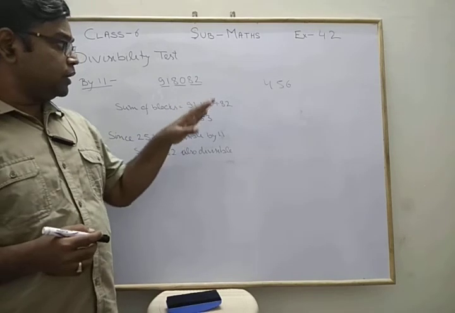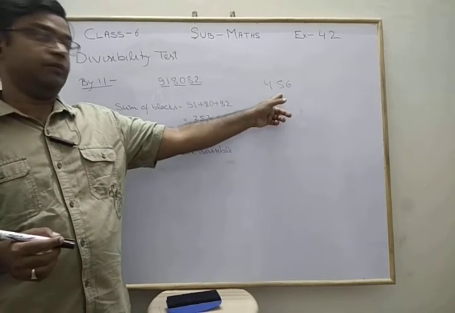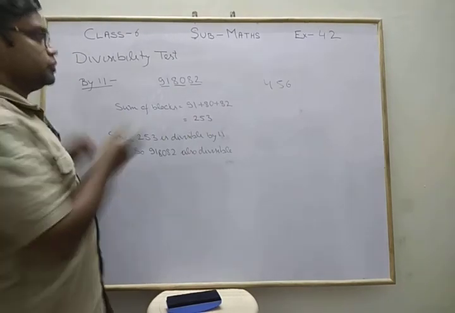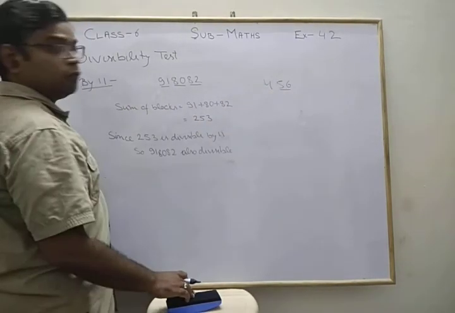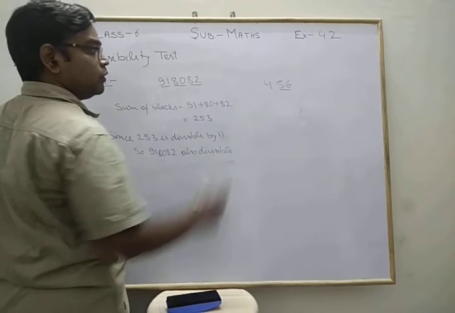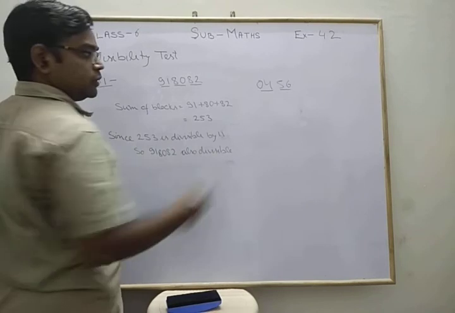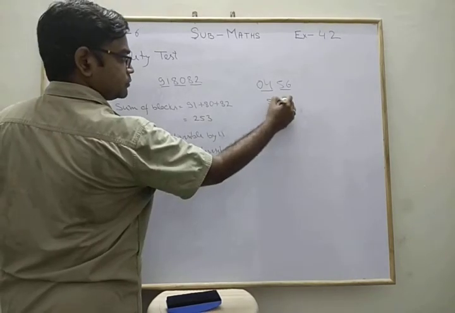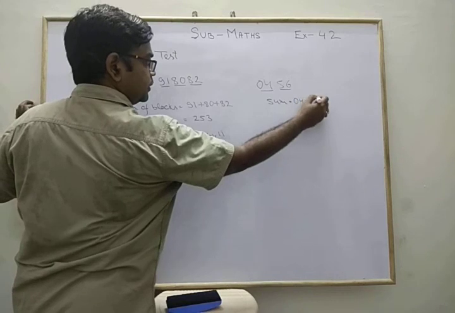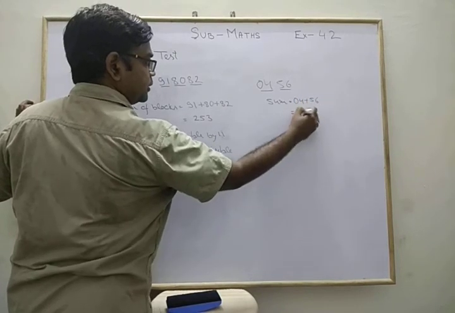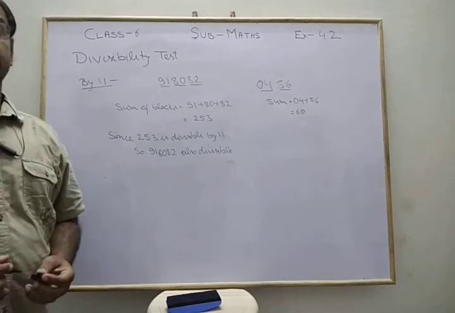But we are going to check the divisibility by 11 according to this concept. In this case, we have only one block of 2. What do we do with the next left digit? We add a 0 and form another block. So again we have the sum 04 plus 56, which is 60. This is not divisible by 11, so the number is not divisible by 11.